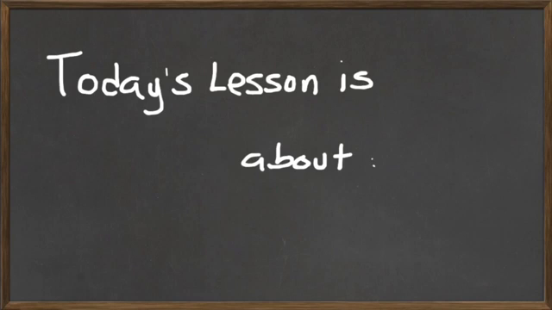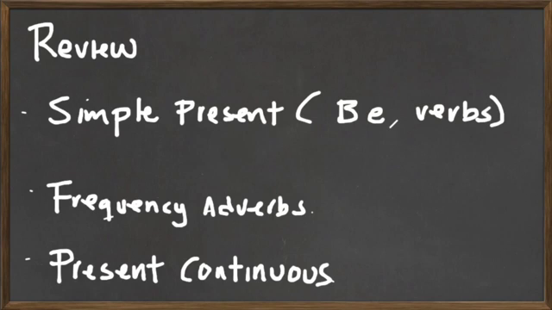All right, and today's lesson is about the following. This time around we're dealing with the review of 3 items, very important ones by the way. The first one is the simple present, in all its forms: affirmative, negative, and questions, using the verb to be and using action verbs. I will refresh your minds a little bit on this.